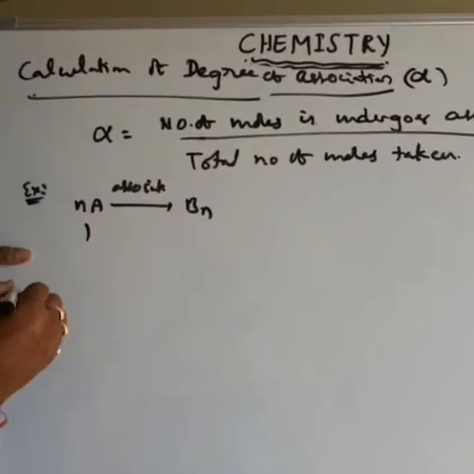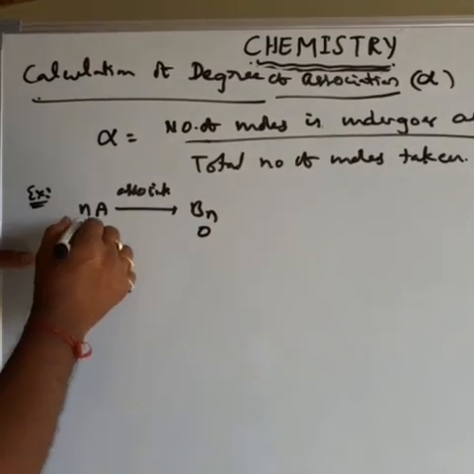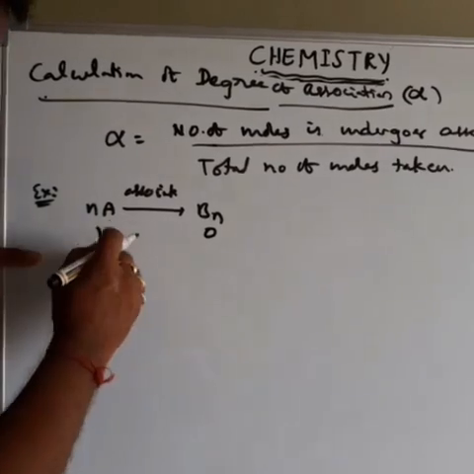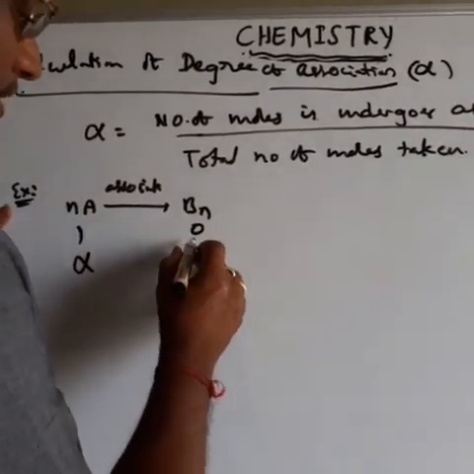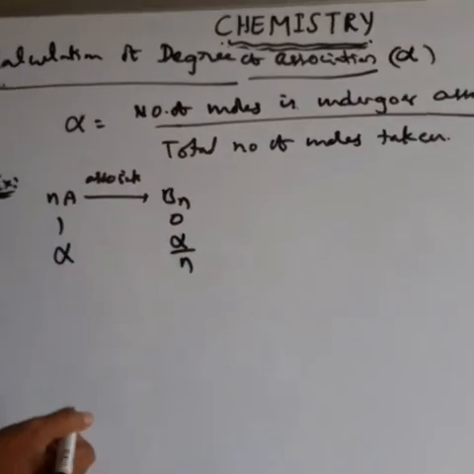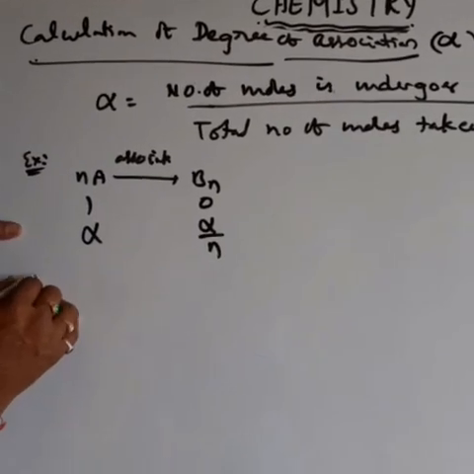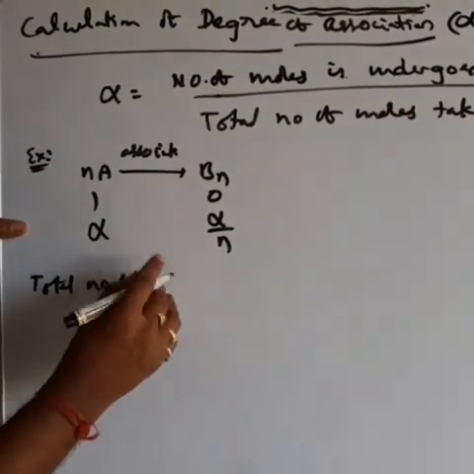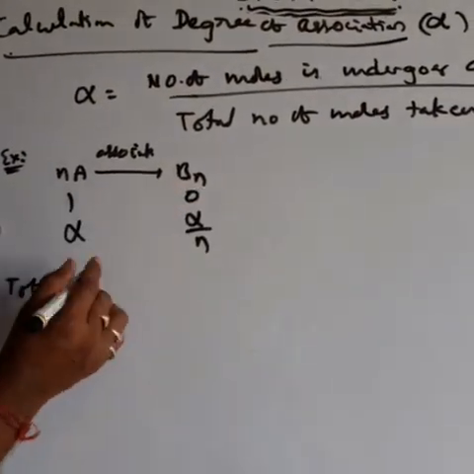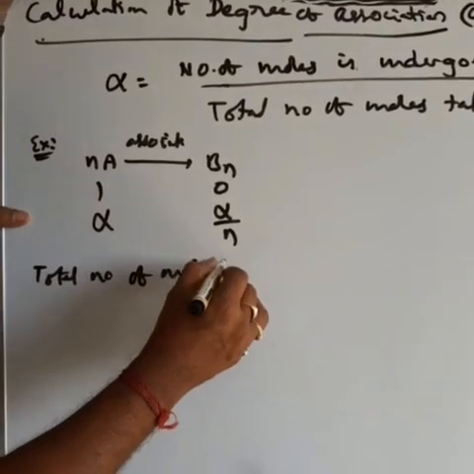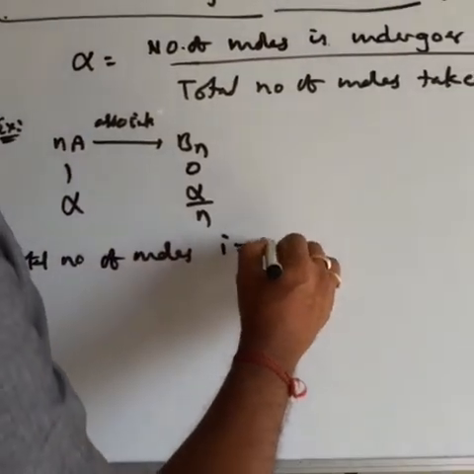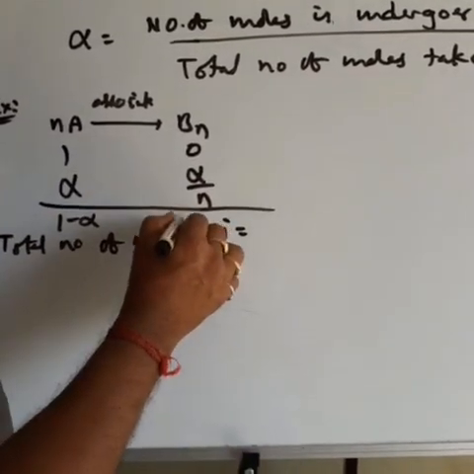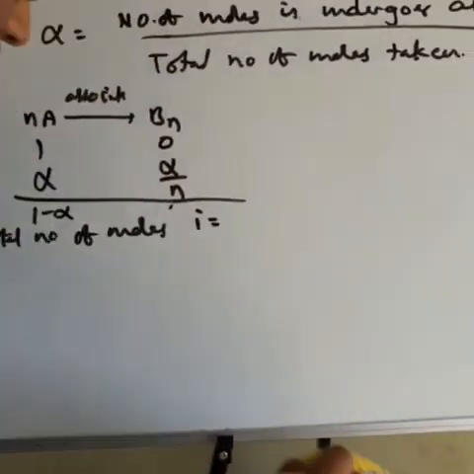So starting, here 1 mole I am taking, and here 0. Here the degree of association is alpha. So alpha moles undergo association. Here how many moles increase? Alpha by n increase. Then the total number of moles: here 1 minus alpha, here alpha by n.